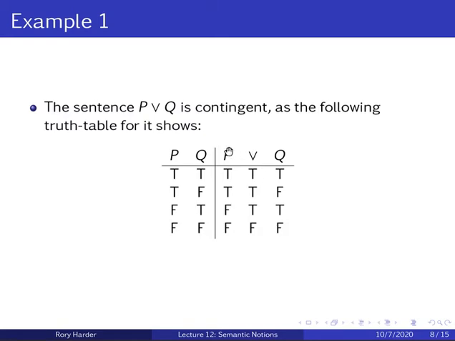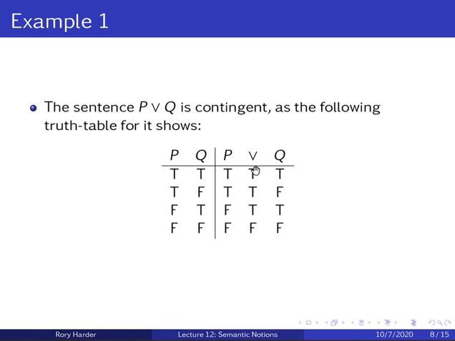Once we've constructed this entire truth table, we can look at the column under the main connective of the sentence we're interested in, and that column shows us the different truth values that the entire sentence can have under each valuation.